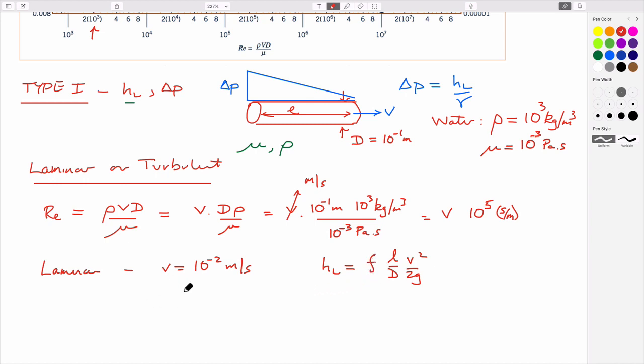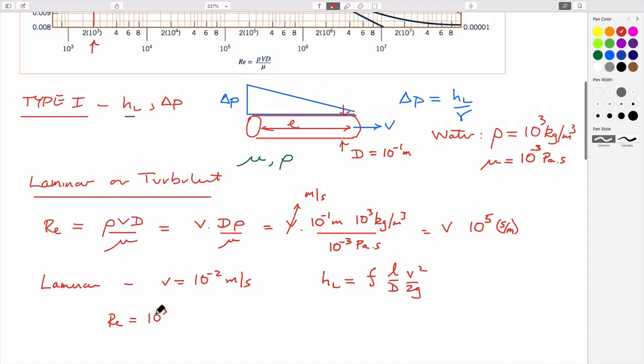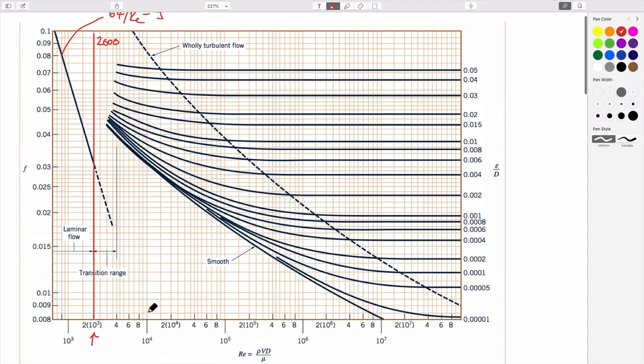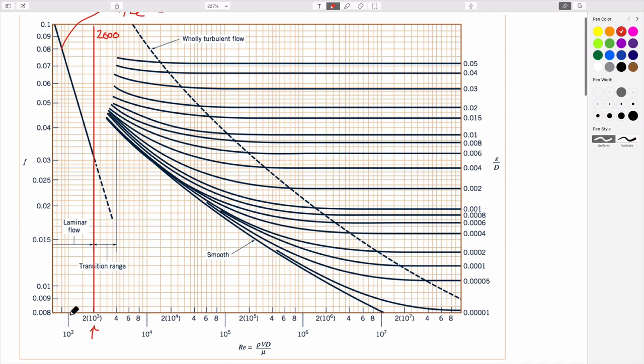By definition, if Reynolds number here is going to be 10 to the 3, then we can do it in two ways. We could either figure out what our friction factor is from this, which is 0.062, something like that, right?